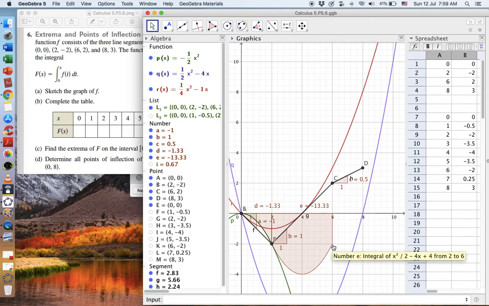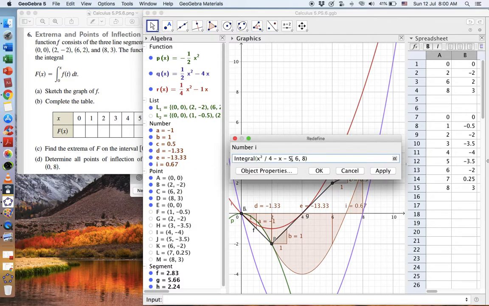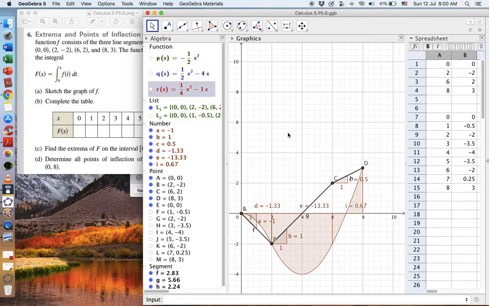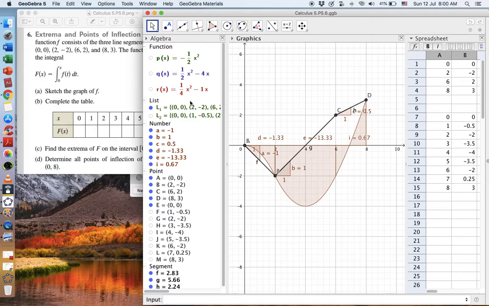We need it to be down here to be continuous. And so what we need to do is move this point, which is at 6, 3, down to 6, -2. In order to do that, we're going to add -5, which is our constant of integration, and then we get our smooth continuous integral there.